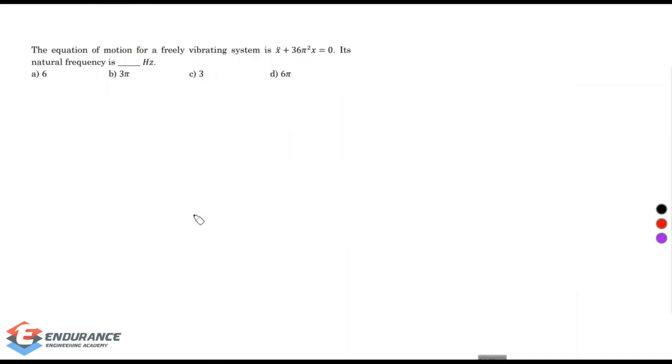Proceeding to one more question, the equation of motion for a freely vibrating system. From this, the equivalent mass, the coefficient of acceleration, is 1, and the equivalent stiffness, the coefficient of x, is 36 pi square.